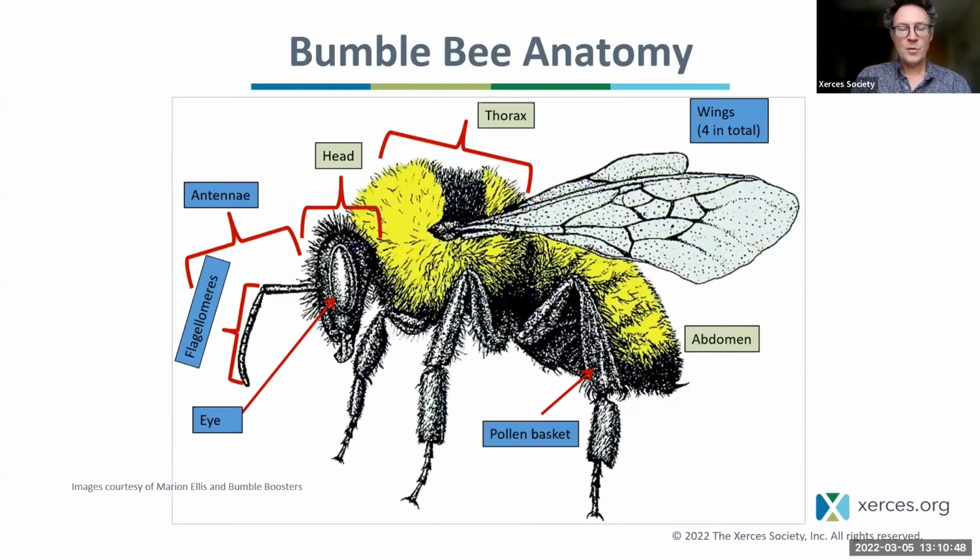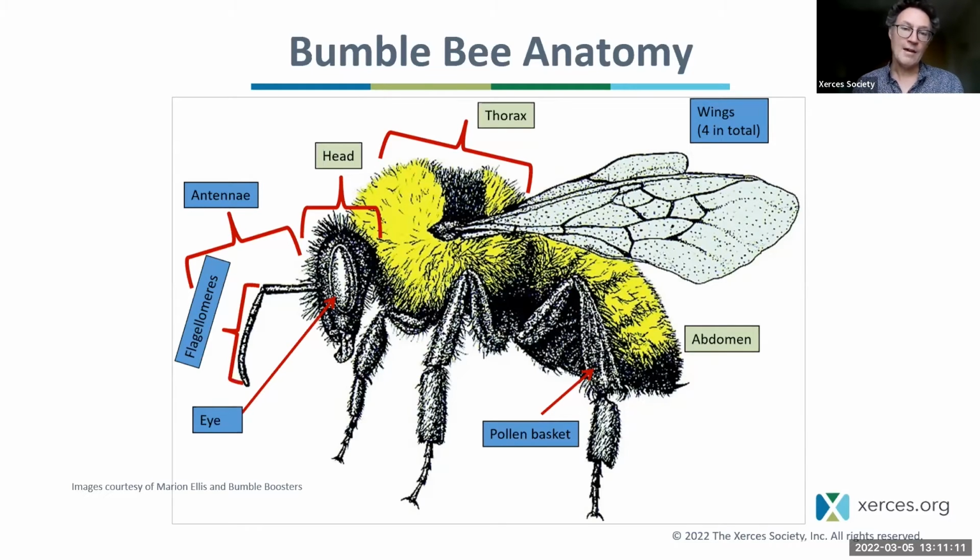And so now we need to understand a few more things about the anatomy of the animal. So here are some technical terms and some common terms for some of the structures on the bees. As we've described before, we have three main body segments in insects, including bumblebees. We have a head, a thorax, and an abdomen going from front to back.